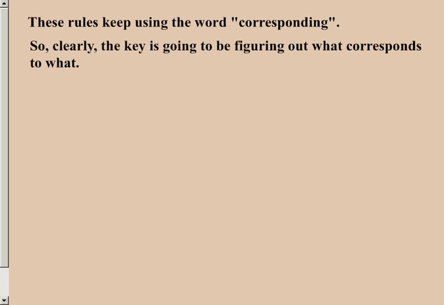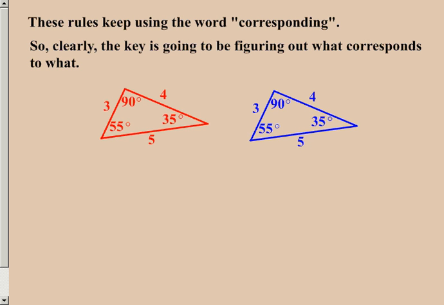So the clear piece of information right there is that we're going to have to be able to figure out what corresponds to what within our polygons that we are looking at.